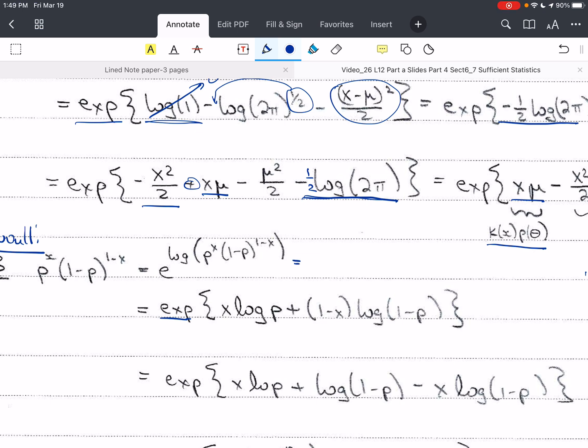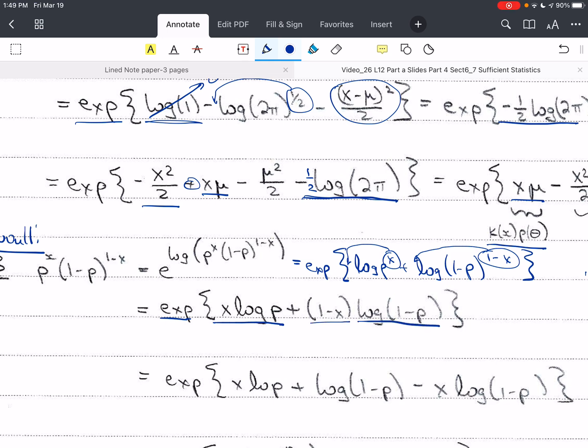And so this becomes exp, and I have log of p to the x plus log of 1 minus p to the 1 minus x. And then I take the x down in front of the log, which is what I have here. I take the 1 minus x, so I have to use parentheses there, times the log 1 minus p.